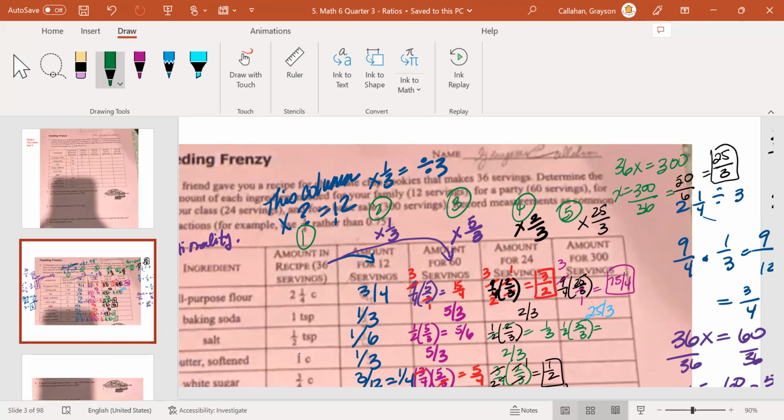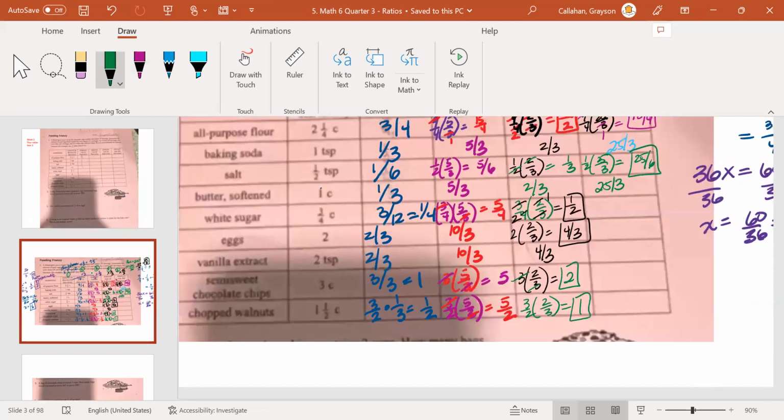You can't reduce anything, so it's just 25 over 6. 1 times 25 over 3 is 25 over 3. 3/4 times 25 over 3. You can cancel the 3 top and bottom, which is 25 over 4.